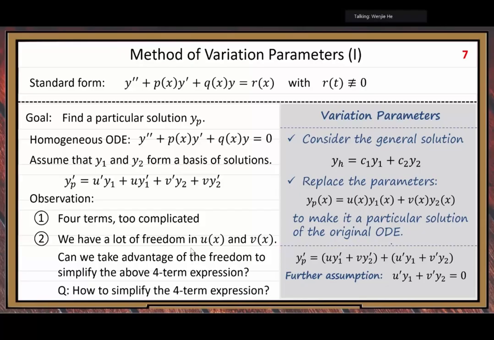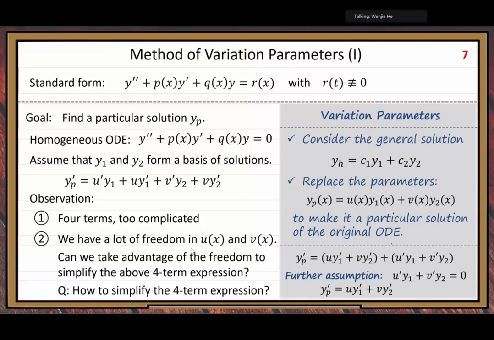Let's take this assumption. Then we want to make a yp that satisfies the original equation and find a solution. So yp prime now has 2 terms, the last two terms are gone.